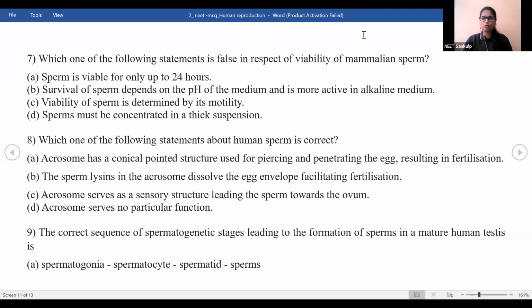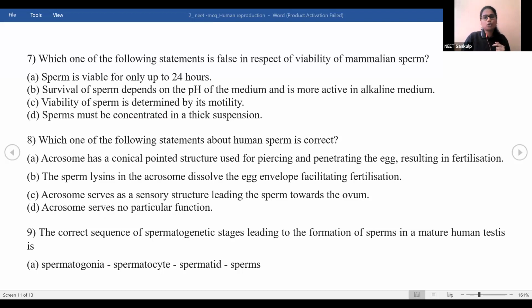Which one of the following statements is false in respect of viability of mammalian sperm? Viability means existence or mortality, that is, how long the sperm will be active or alive.